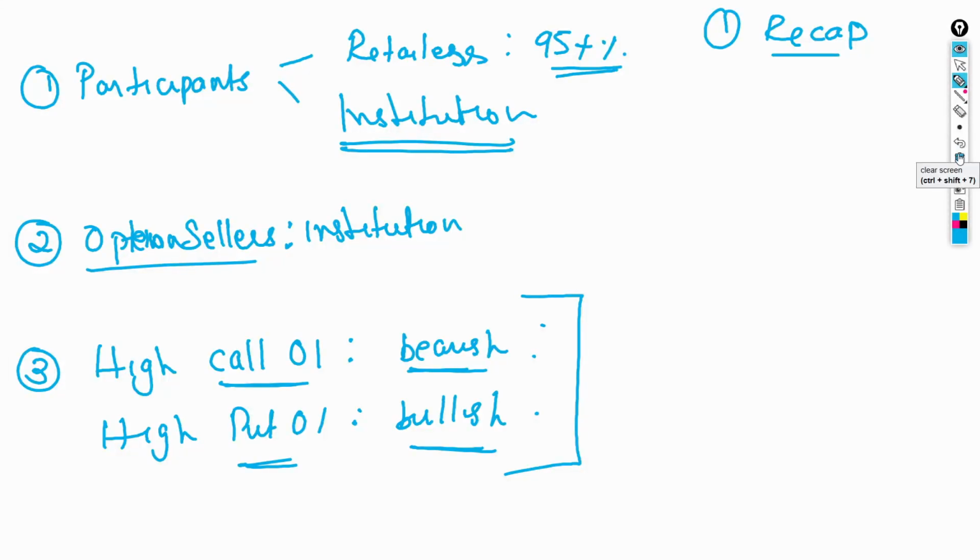Next, we'll be moving on to the second aspect of this particular video, where we'll be discussing how exactly to interpret OI. There is a very important thing that we have to understand when we interpret OI. What exactly is the OI telling you? What exactly is the OI data telling you?